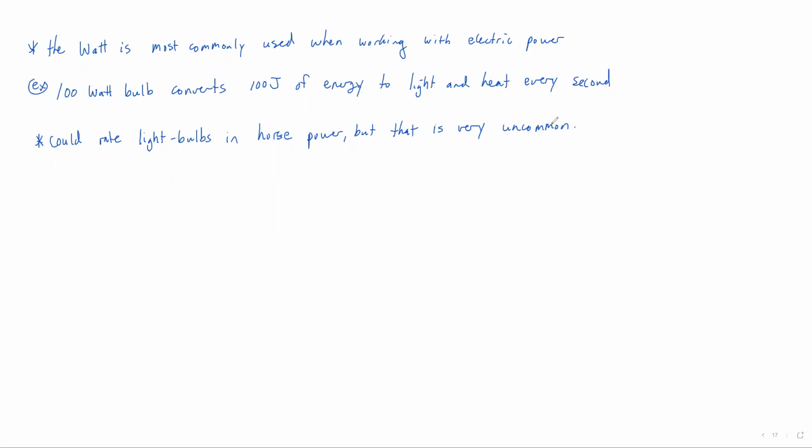Well, for example, if you have a 100-watt bulb, that converts 100 joules of energy to light and heat every second. So that's what the 100 watts is telling you. It's telling you the energy per second that the bulb is producing, most of it light and some heat. Actually, the more light, the better. So you could rate light bulbs in horsepower, right? But that's not common. It's not practical. They'd be really weird numbers, right? You'd have fractions of numbers. So we choose not to do that.